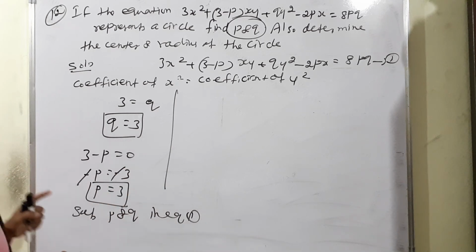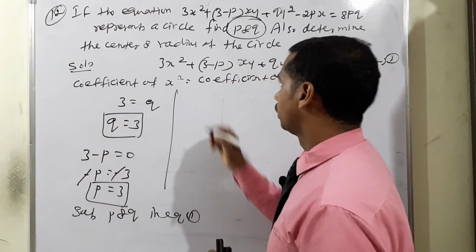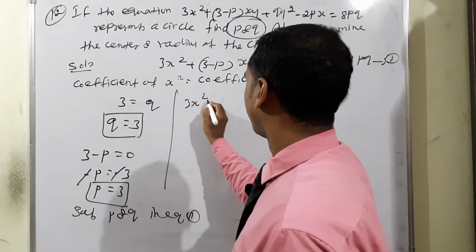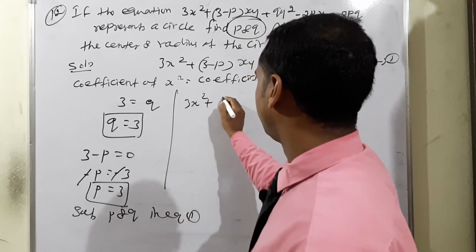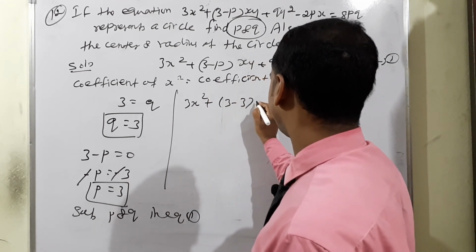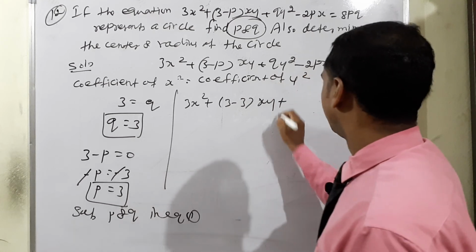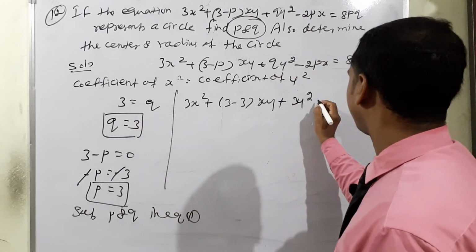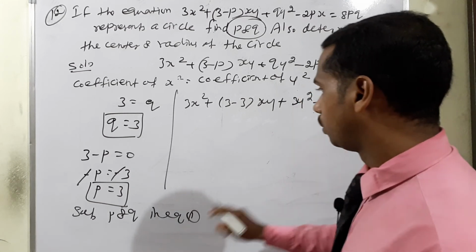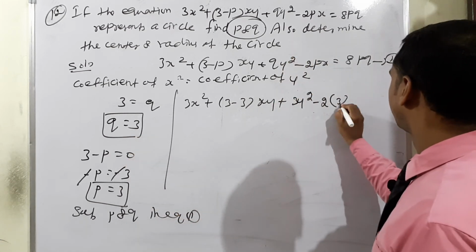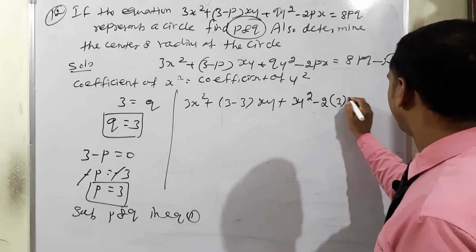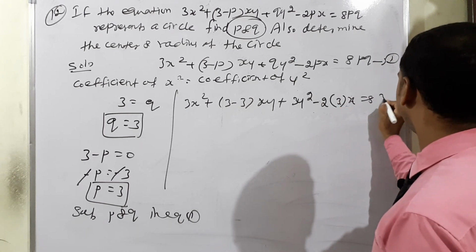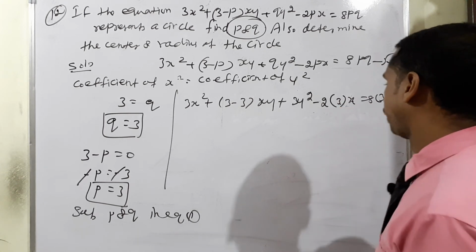What will happen? 3x square plus (3 minus 3) xy, then plus q is 3, so 3y square minus 2 into p, again 3, x is equal to 8 into p also 3, q also 3.